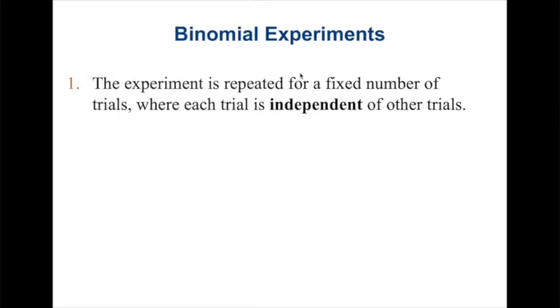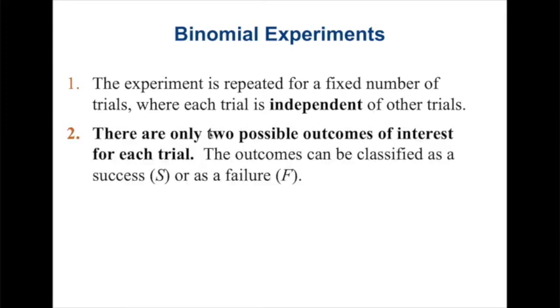Okay, now let's go through the conditions of binomial experiments. Number one, the experiment is repeated for a fixed number of trials where each trial is independent of other trials. Number two, there are only two possible outcomes of interest for each trial, and they can be classified as a success or as a failure.